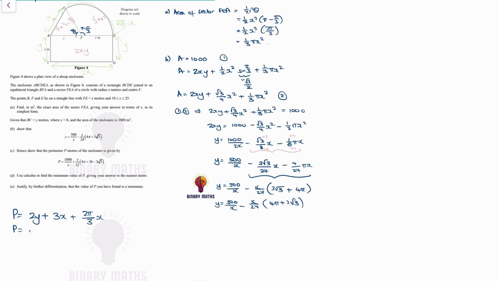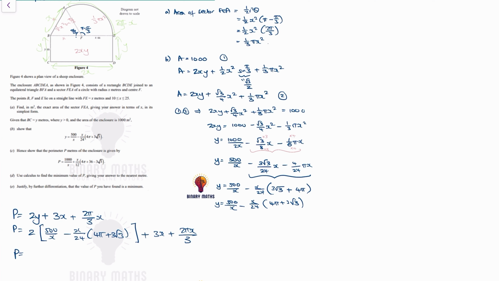So P is equal to 2 times 500 over x minus x over 24 times, let's use a square bracket, 4 pi plus 3 root 3, plus 3x plus 2 pi x over 3.